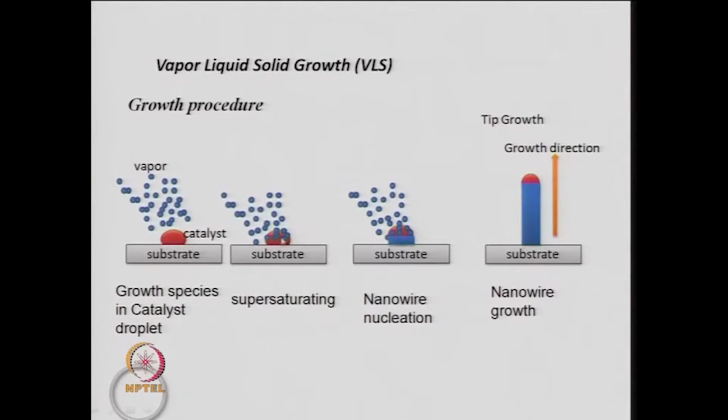When the concentration of the material to be formed goes beyond some value, the globule gets saturated with these gaseous species, and then the nanowire starts forming on the substrate, and the catalyst, which is the globule, moves on top of this nanowire, and further deposition in this manner will increase the length of the nanowire. This is typically the vapor liquid solid mechanism which we discussed earlier.